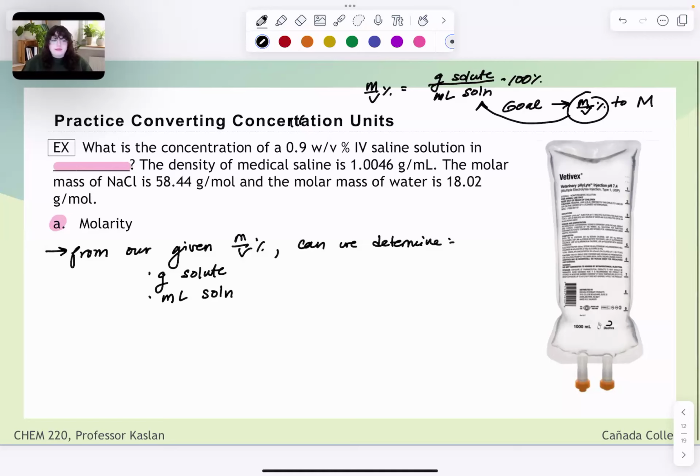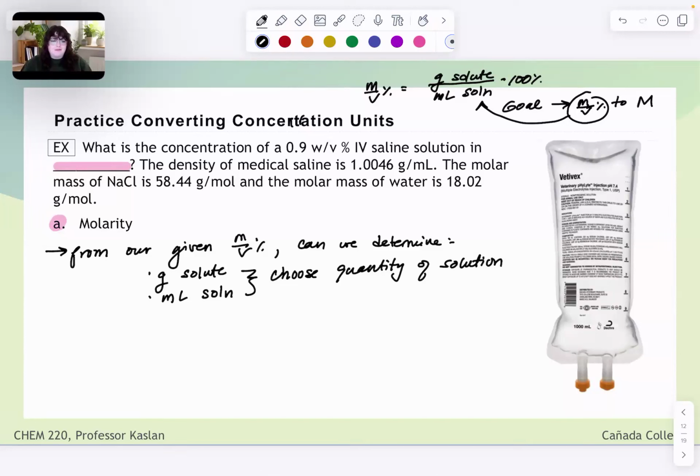So this is where we need to make a choice. So we need to choose our quantity of solution so that we can obtain these extensive properties of mass and volume. So since we're talking about something real, right? We're talking about an actual IV bag whose volume was told to us, let's go ahead and assume we've got one bag in front of us.